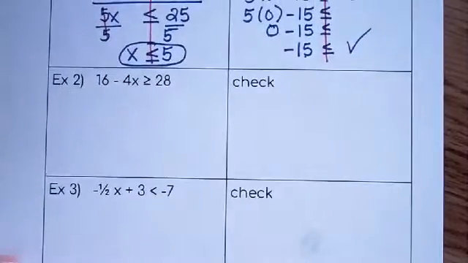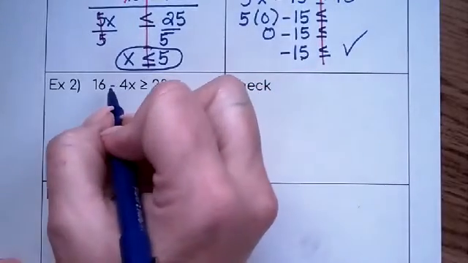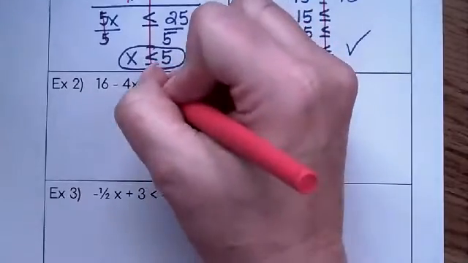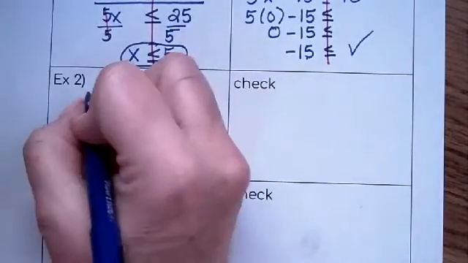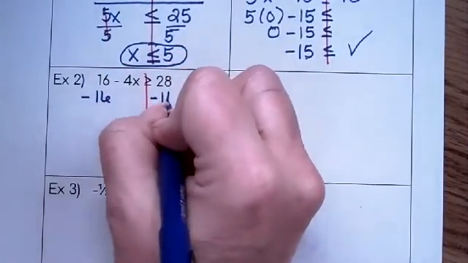All right, in example 2, it's still the basic 2-step problem. So for this time, I have this little minus in there, and that's something we're going to have to focus on. Okay, so let's put in our river right here. Now, we know from our basic 2-step problems that I need to subtract the 16 from both sides, just like that.